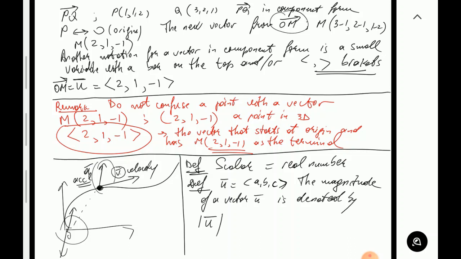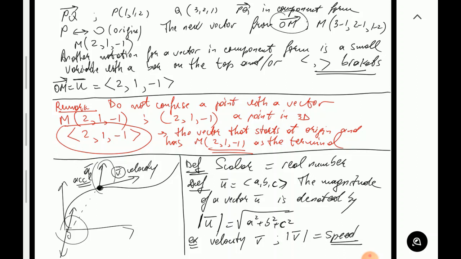We're going to say magnitude of u because it's a vector, but we're going to use the symbols that you use for absolute values, which is the square root of a squared plus b squared plus c squared. So that's simply from the Pythagorean theorem geometrically. But of course, in practice, it may denote whatever the magnitude is appropriate in the question. So for example, if we talk about a velocity, the vector that indicates speed and direction, how fast you go and where you go, the magnitude of this vector is going to be the speed. So the magnitude of the velocity is also called a speed.